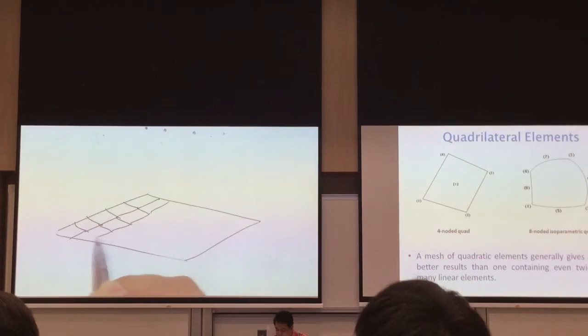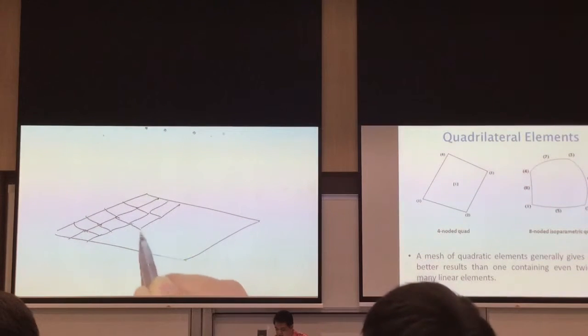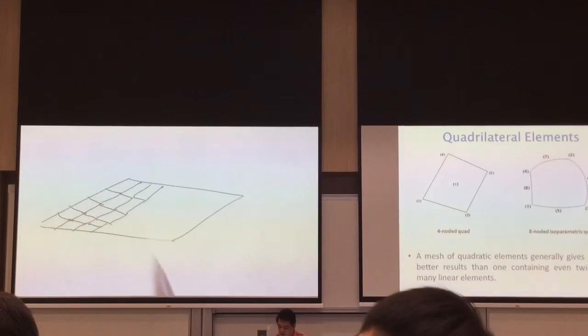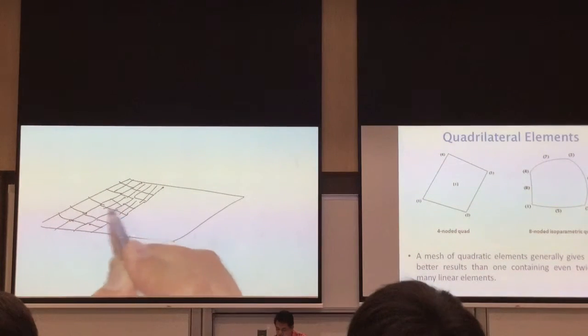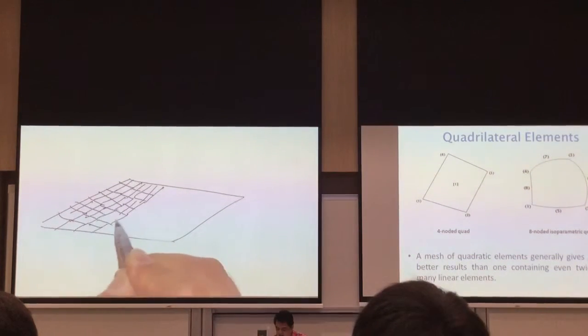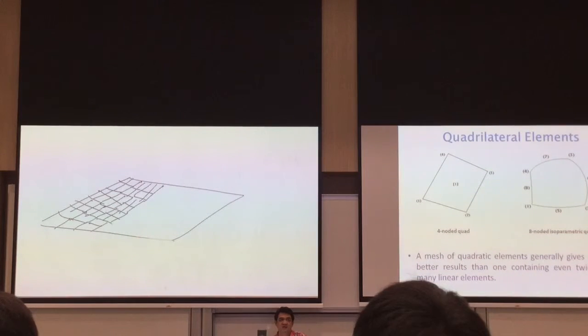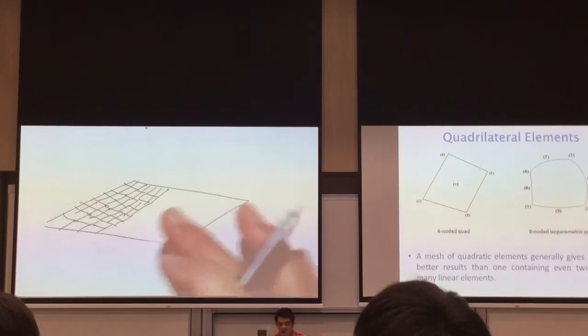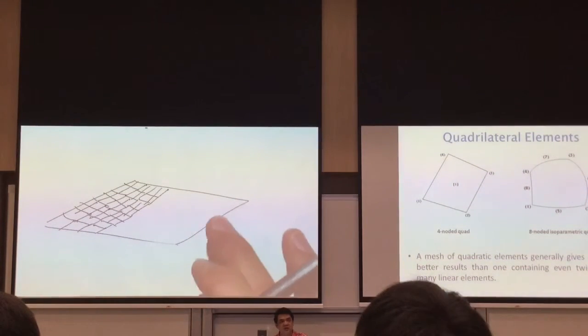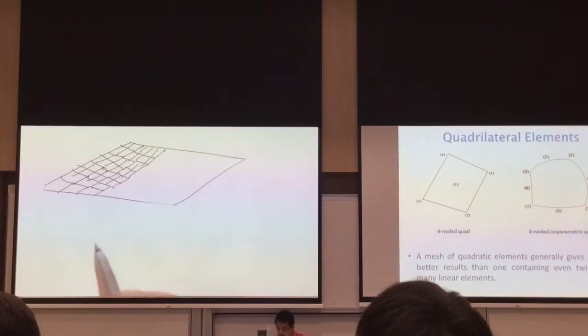Chances are I won't be able to capture much of that bending of a plate because my elements are linear. So what do I do? I reduce the size of the elements to be able to capture that bending. But that doesn't really make sense because if you increase this one, there will still be a lot of errors, plus you will be increasing your computational time. So it's better to use elements that are able to capture those bendings.